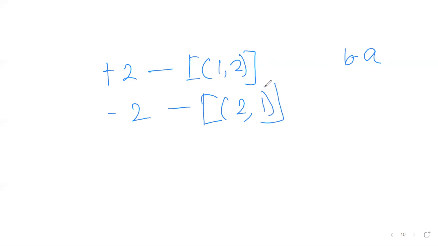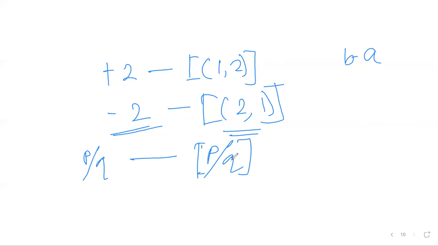This is my minus 2. So minus 2 is a set, right? Similarly, every rational number is also a set. P over Q is the equivalence class P over Q, right? Similarly, a real number is also again a set, and that is a cut.